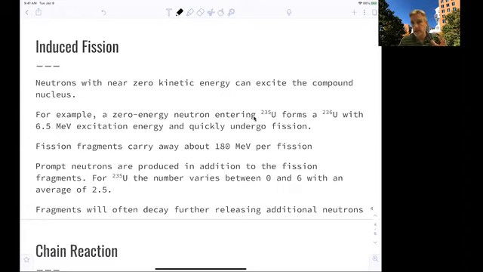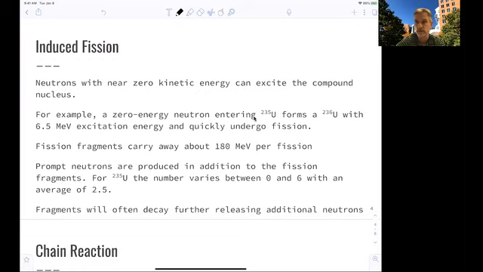So you basically add a thermal or zero kinetic energy neutron, and when it's absorbed, it immediately causes the fission process. The fission fragments then carry away some energy, in this example about 180 MeV, and additional prompt neutrons.